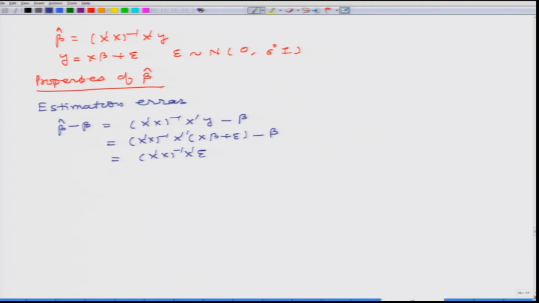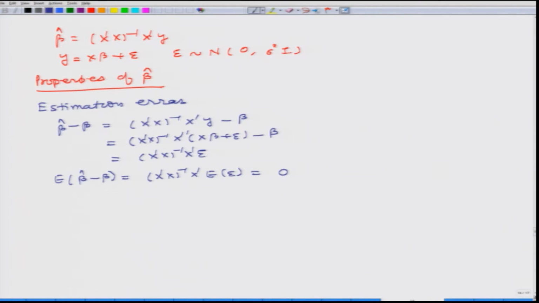So, you can see now that when we try to take the expectation of beta hat minus beta, because we have assumed that X is a non-stochastic matrix, I can write this expectation as follows. And since we have assumed that expected value of epsilon is equal to null vector, this comes out to be a null vector.